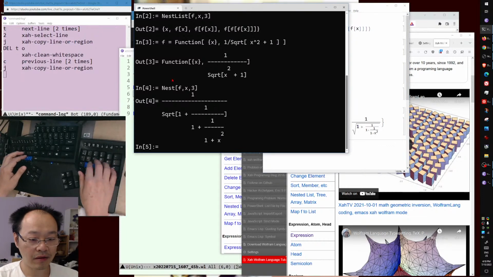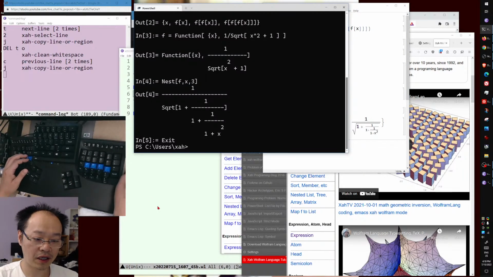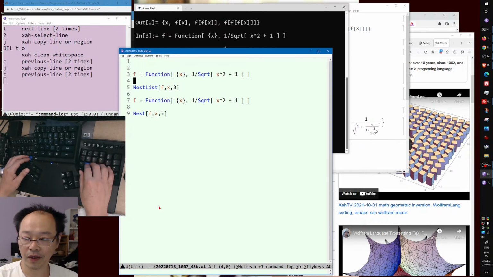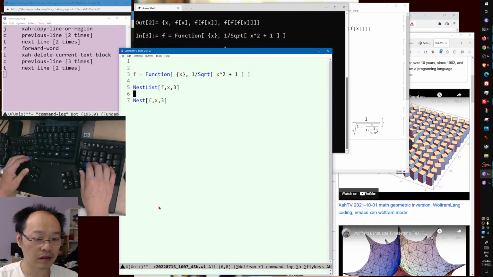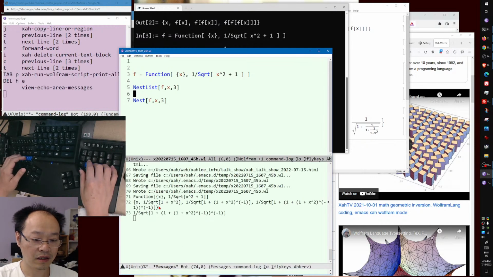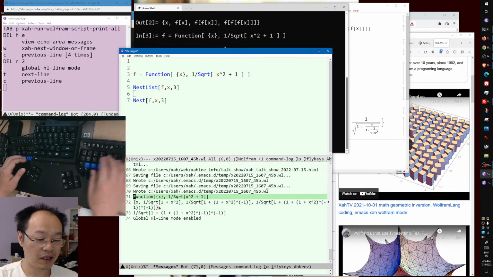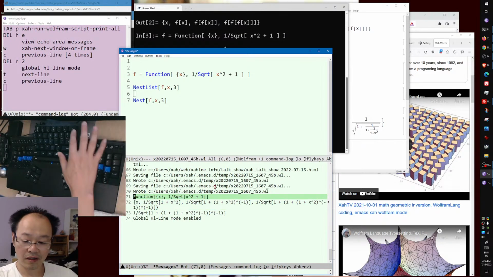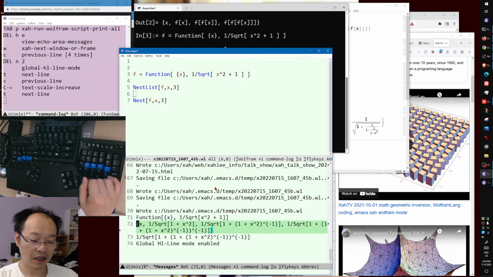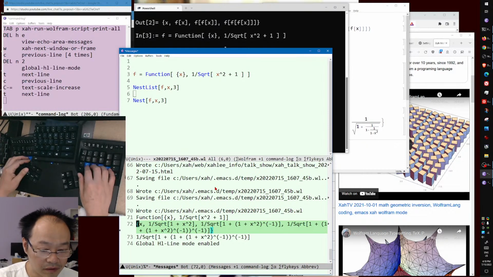Okay, so now let's exit Wolfram script. Let me again show you my Wolfram mod. So we can evaluate this in here. Okay, so here is the output. You can see we define the function there. Let's magnify, and then here is the output.